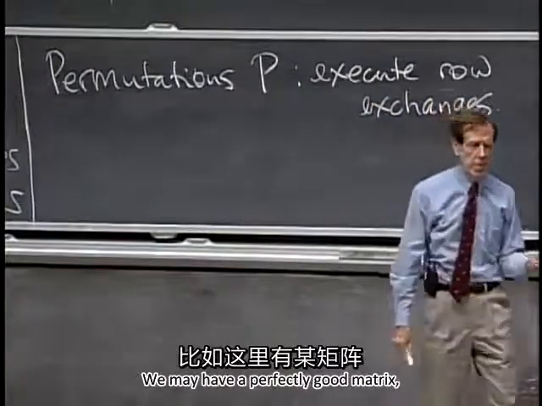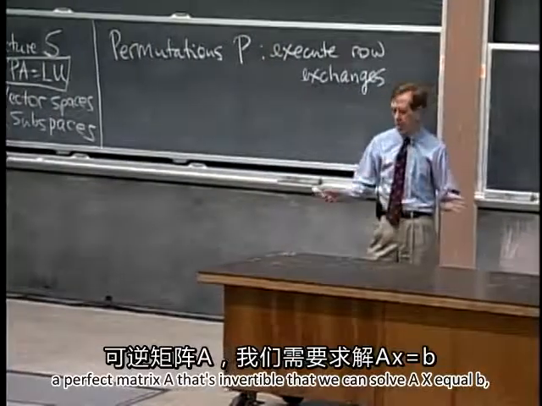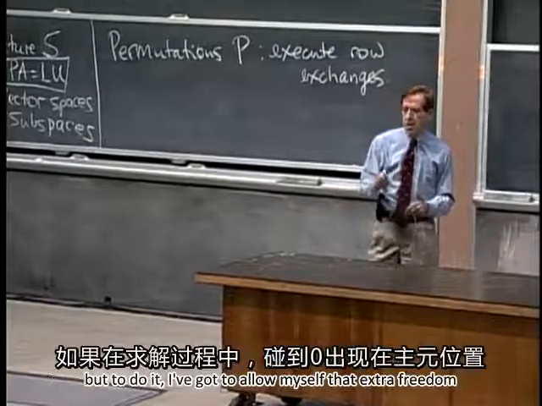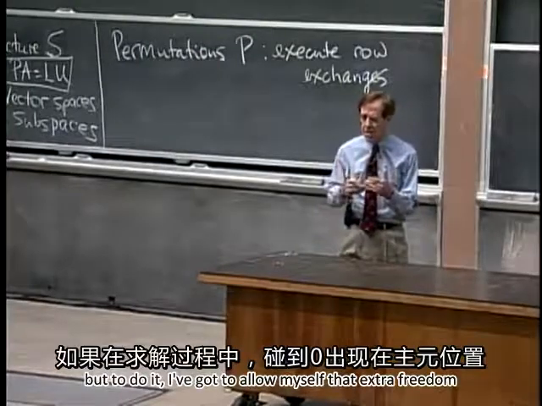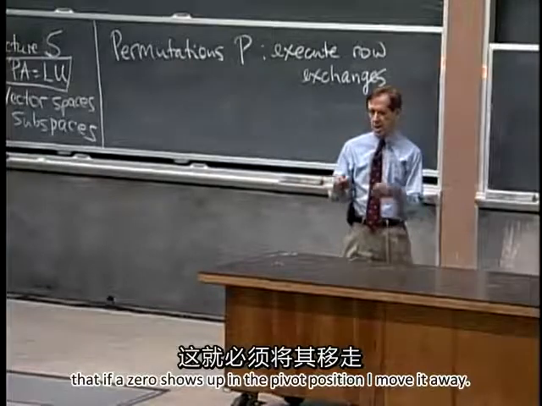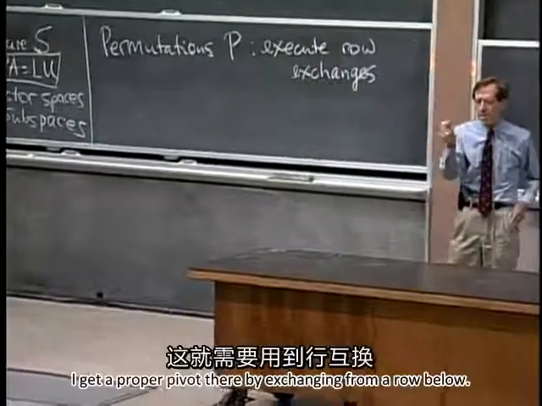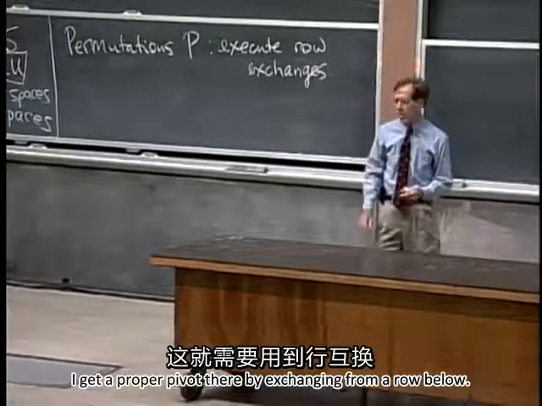We may have a perfectly good matrix A that's invertible, that we can solve Ax equal b. But to do it, I've got to allow myself that extra freedom that if a 0 shows up in the pivot position, I move it away. I get a proper pivot there by exchanging from a row below.